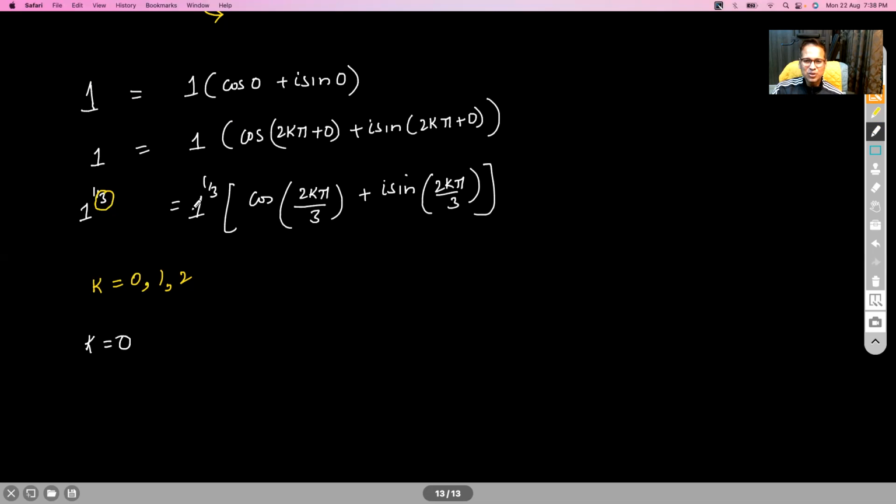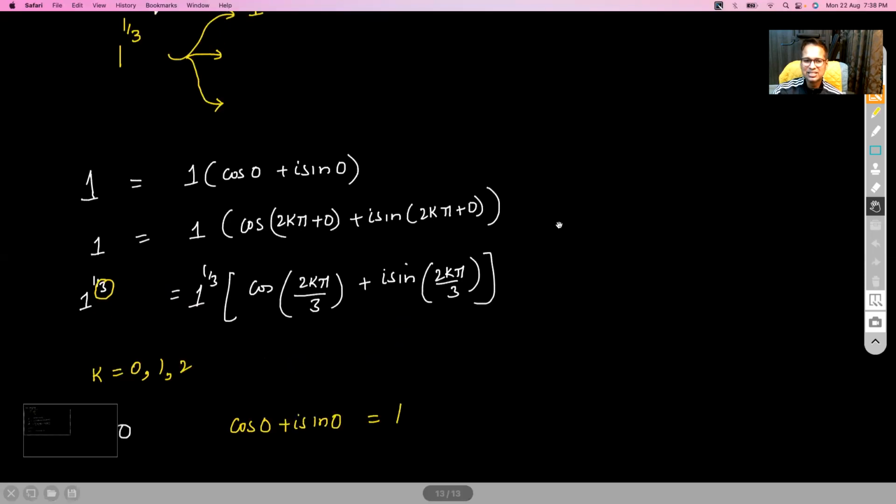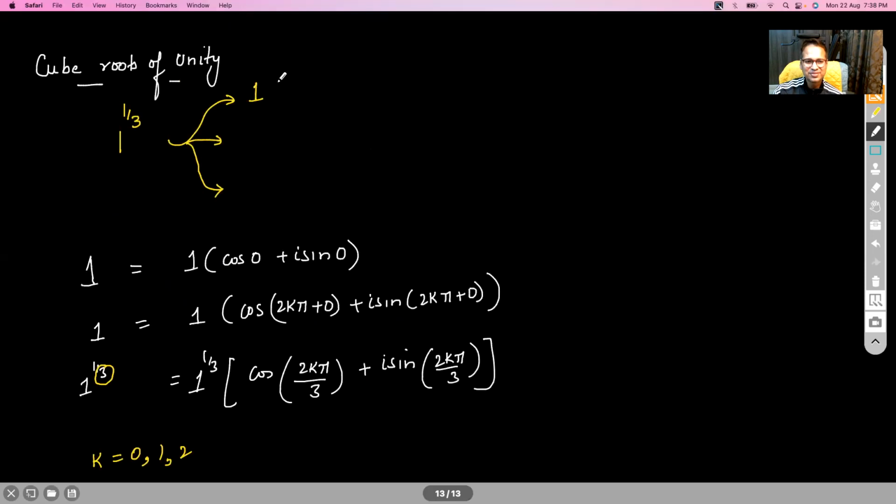Yeah. So when you put k as a 0, what happens? It becomes 1. By the way, 1 to the power 1/3, it is as good as a 1. So, let's not worry too much about this guy. So it will be cos 0 plus I sin 0, which is actually a 1 itself. That's our very first answer that I wrote here. Okay. I think Arthur told that answer.